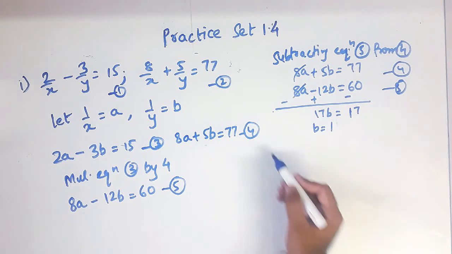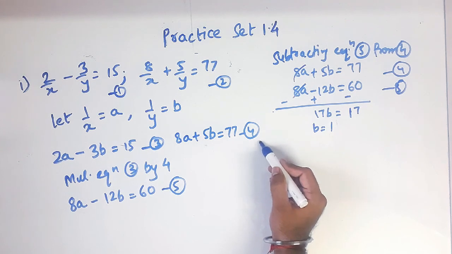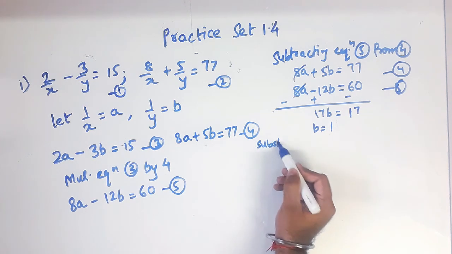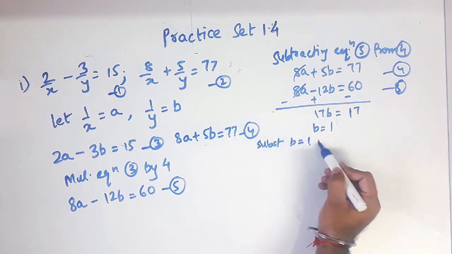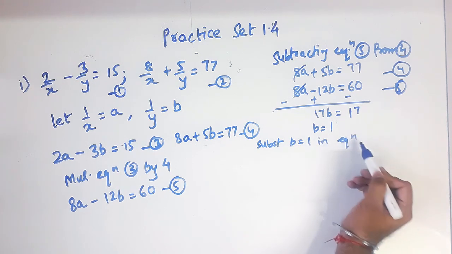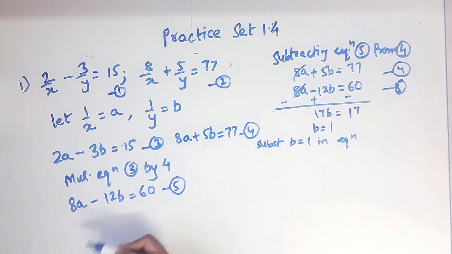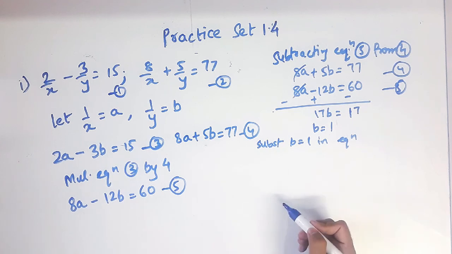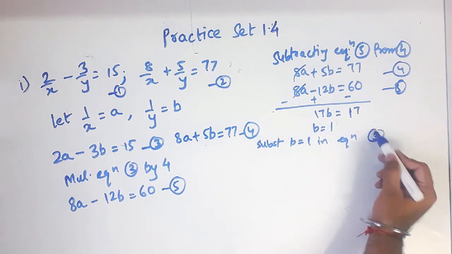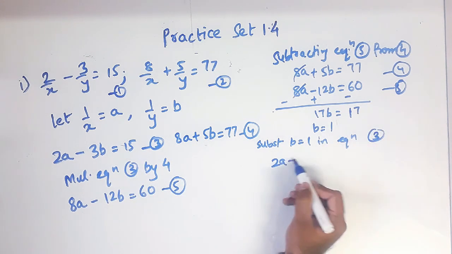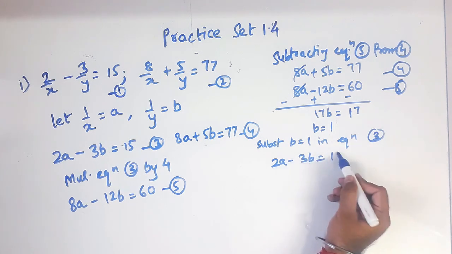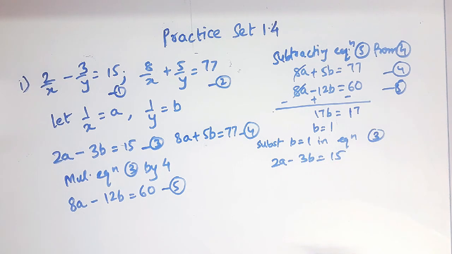Now substituting b equals 1 in any of the equations 3, 4, 5, you can take. I'll take the third one because it is smaller. 2a minus 3b equals 15.